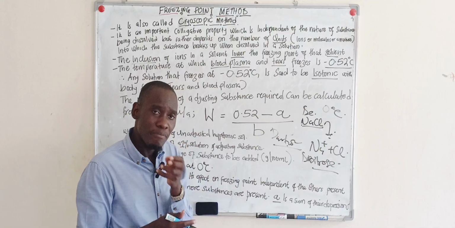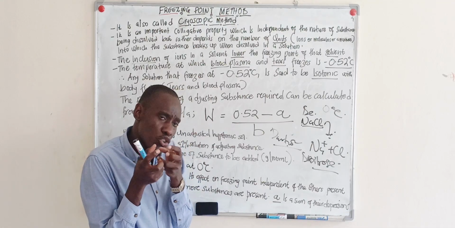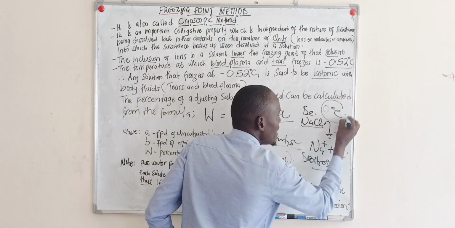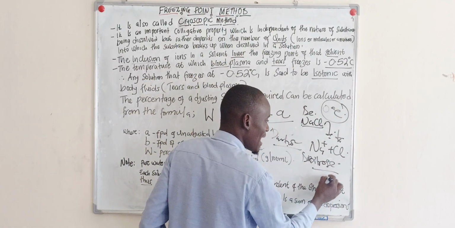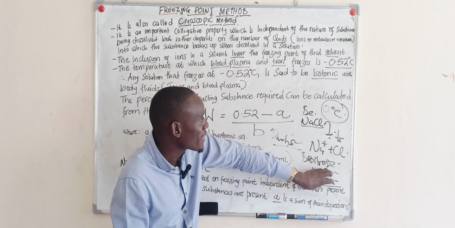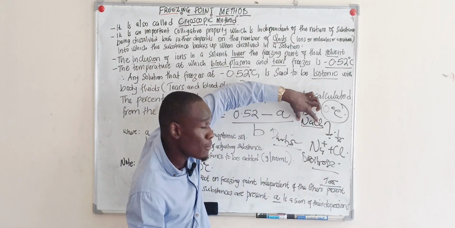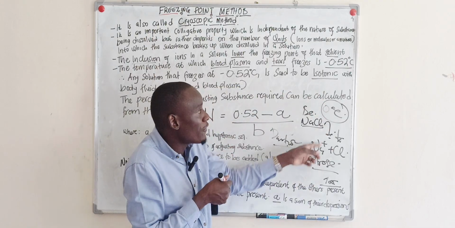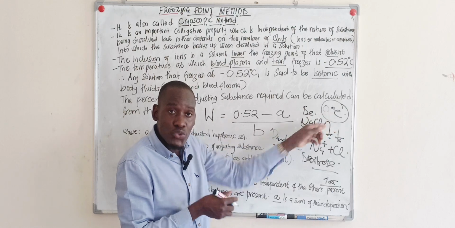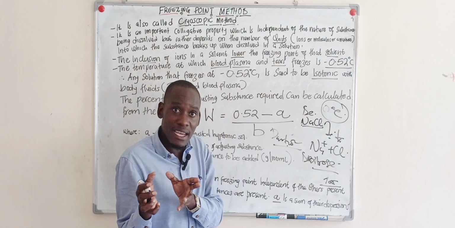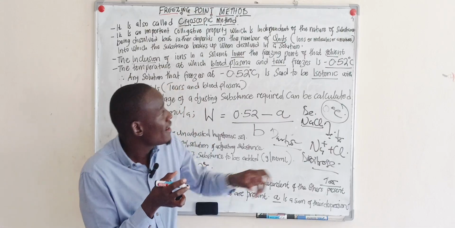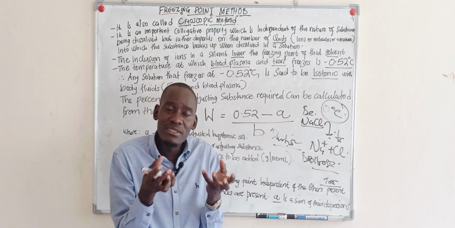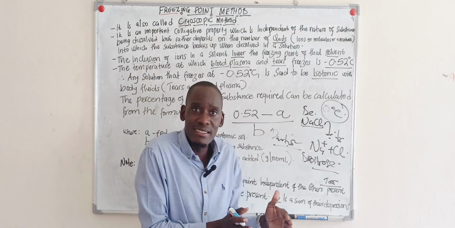So what happens is, if we get any substance or solute, let's say sodium chloride or dextrose, and we dissolve it in water in a specific volume, let's say 100, that means that this solute is going to depress the freezing point of water to a certain temperature, and that is what we call the freezing point depression of a certain substance. In case other substances are dissolved, freezing point is depressed.